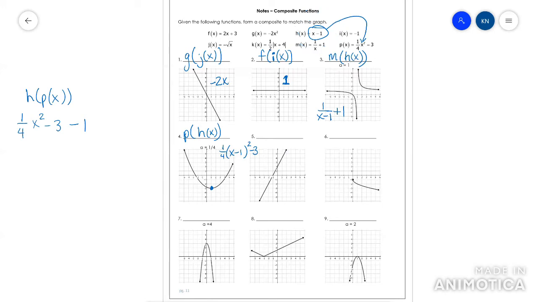So you really have to pay attention, because this one would have given you 1/4 x squared minus 4. That is not correct. That does not match this graph. So pay attention as to which one actually gets plugged in where. All right. And if you're still confused, I'm so sorry. This is a very difficult topic to try to explain.